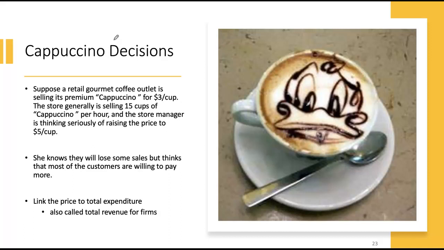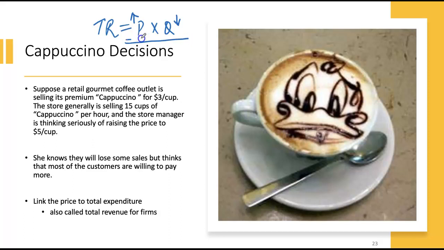Now, you know that as the price goes up, quantity demanded will definitely fall. So you will lose some sales. What you want to focus on is, as a result of the lost sales, what will be the impact on my revenue? Remember, revenue is price times quantity. And as you're increasing the price, there is an opposite effect on revenue now coming from your reduction in sales.